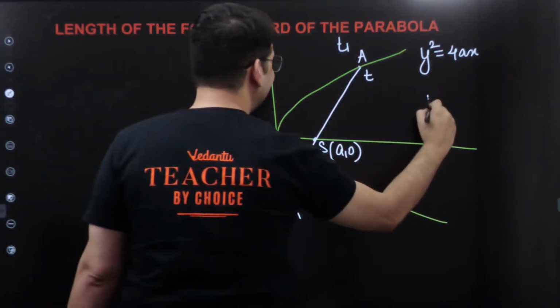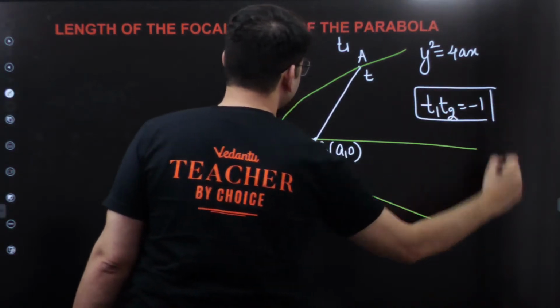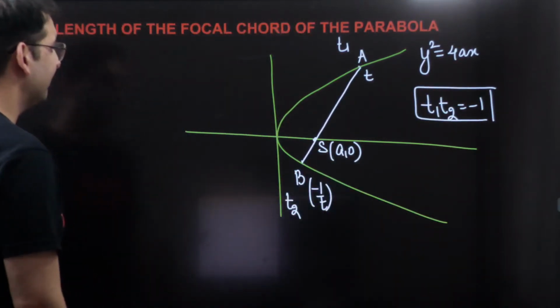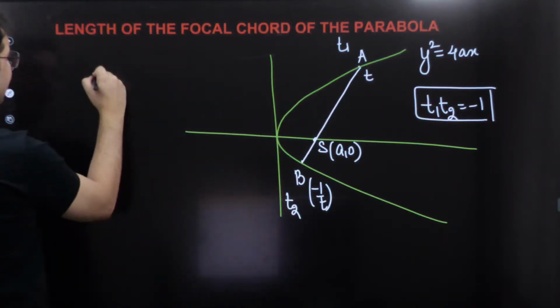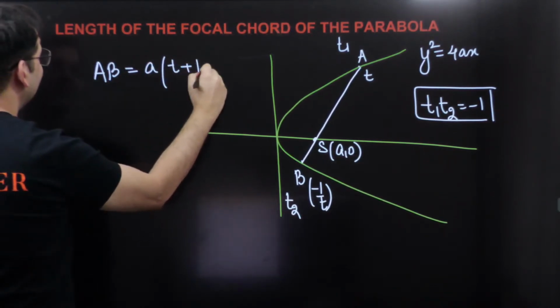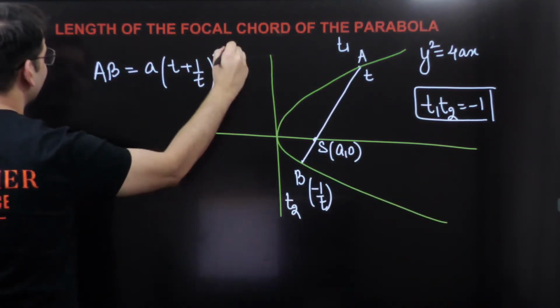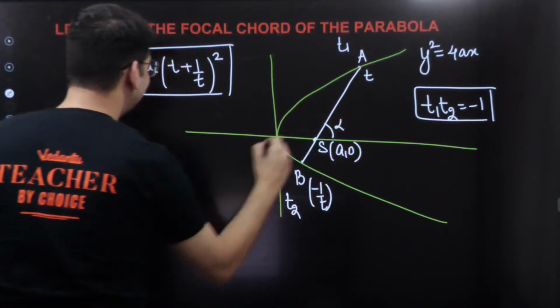So we know that T1 into T2 is minus 1. Very important. Right? So what is this length AB? AB length is A times T plus 1 by T whole square. If this angle is alpha, there is another formula for this.